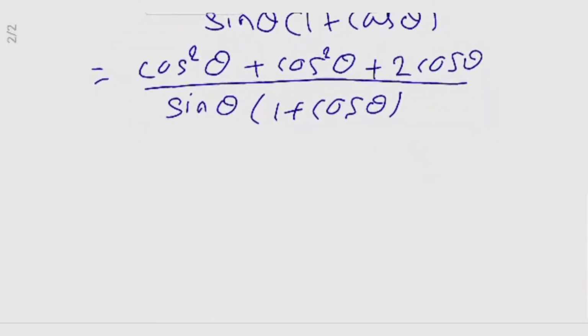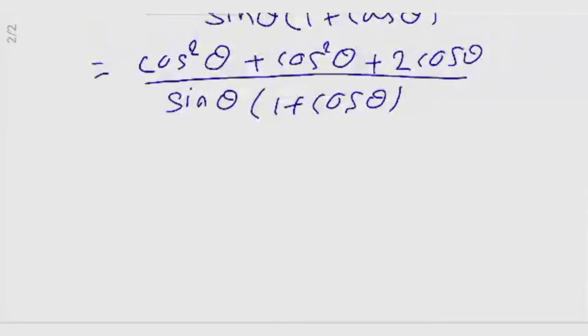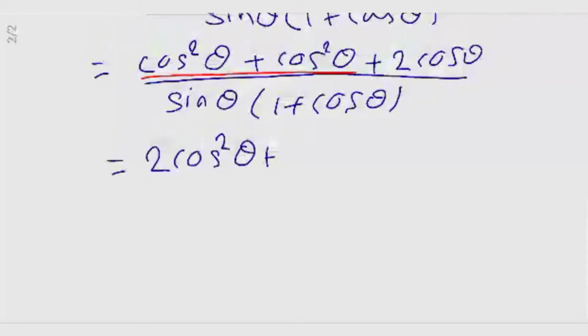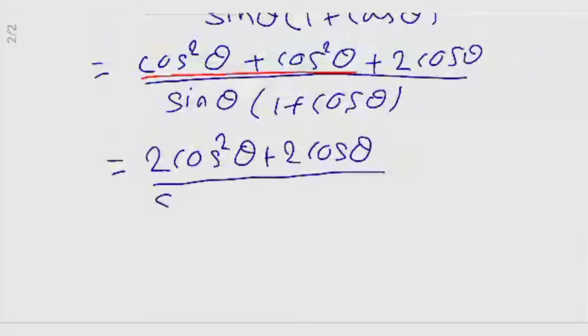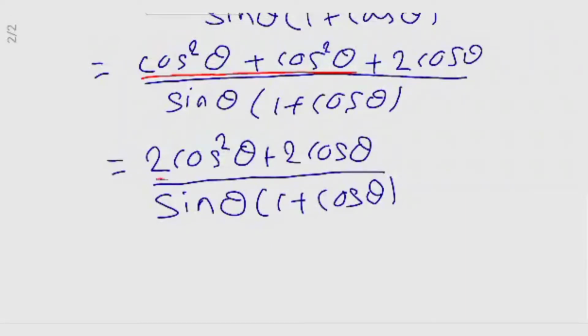So now it will become, see here, cos square plus cos square becomes 2 cos square. So write down here 2 cos square θ plus 2 cos θ, this divided by sin θ (1 + cos θ) as it is. So see here, here is a 2 cos square θ and here is a 2 cos θ.